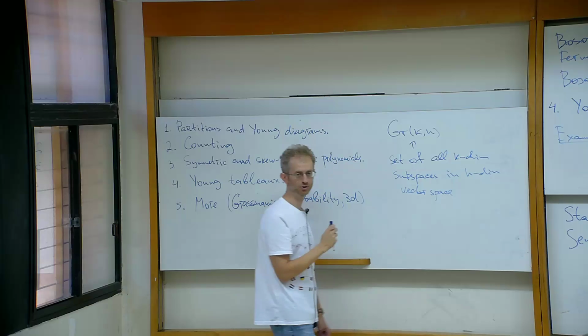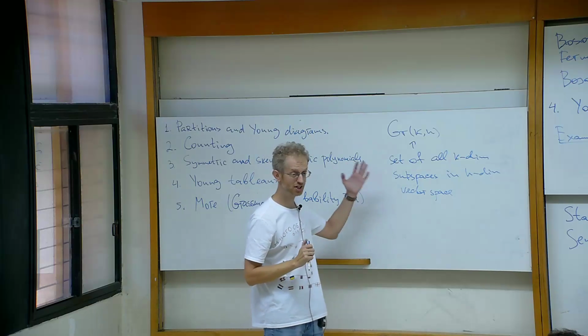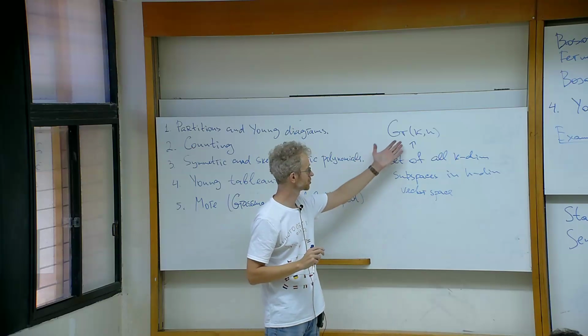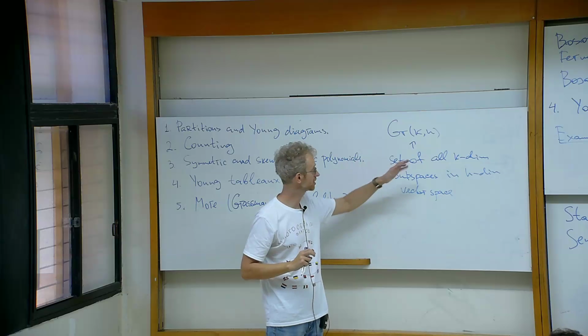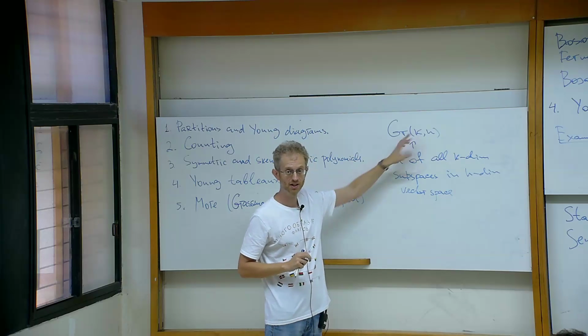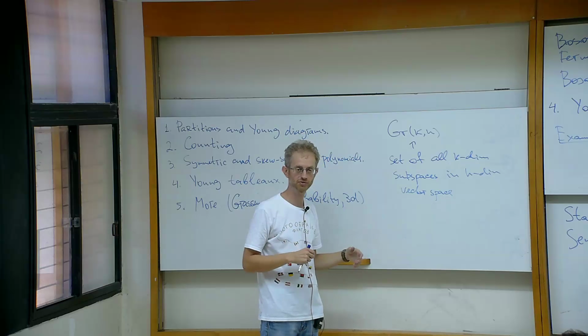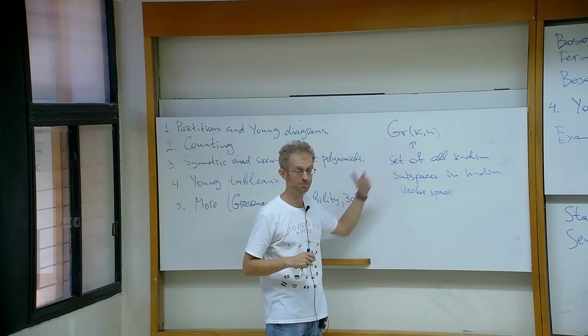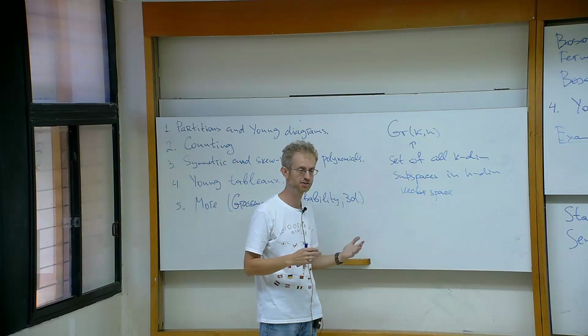I think most of you met projective spaces somewhere. This is a generalization of projective spaces. Projective space is the case k equals 1. You take all lines in an n-dimensional vector space, and these are k-dimensional subspaces in an n-dimensional vector space.